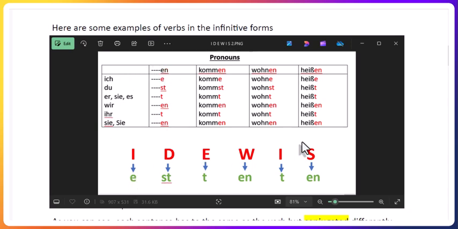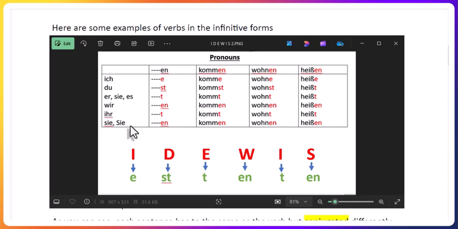Put this in your head: ich needs an E, du needs an ST. So third person, er, sie, es needs T. Then these are the plurals. Plural: wir needs EN, ihr needs T, and sie needs EN.